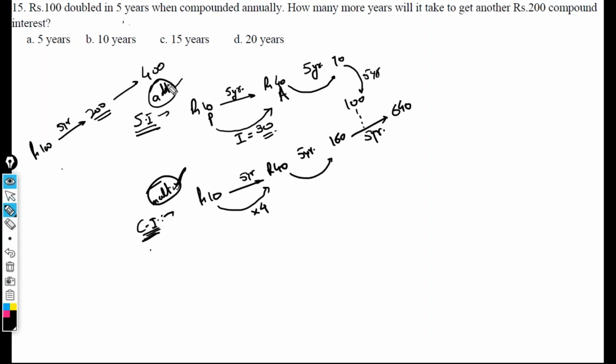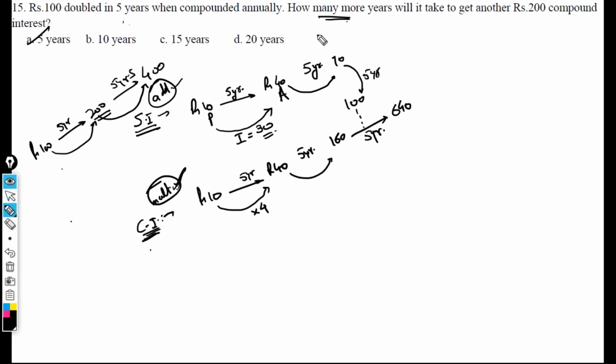So I require 400 as total amount, which means if it doubled in the previous 5 years, it will double in these 5 years again. Is it clear, everyone? So the answer comes out to be 5, because the question says how many more years will it take.